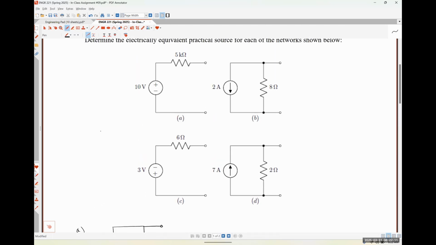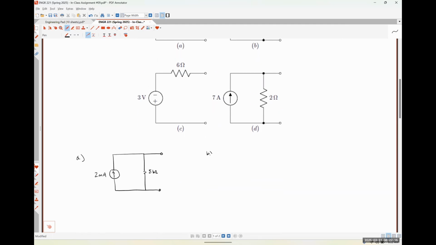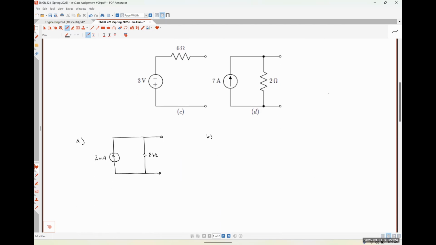Okay. So let's look at part B. I have a practical current source, so I know I'm going to wind up transforming this into a practical voltage source. So that'll be a voltage source in series with some resistance.